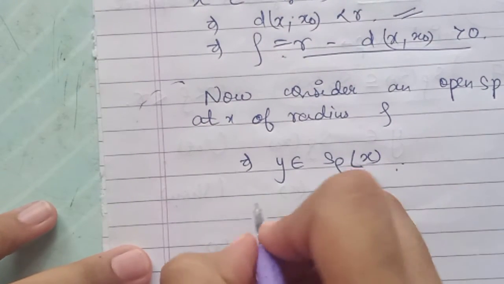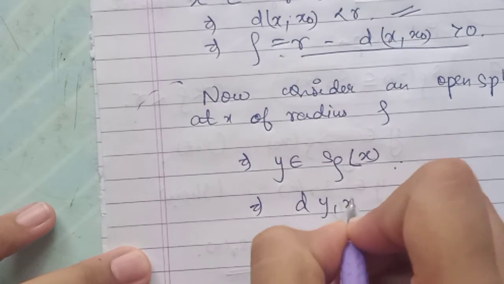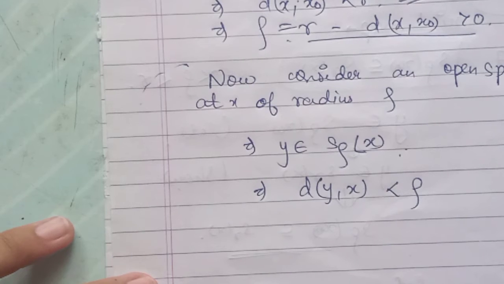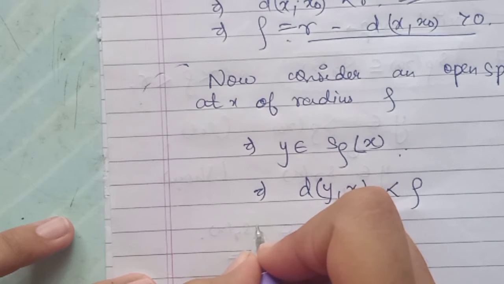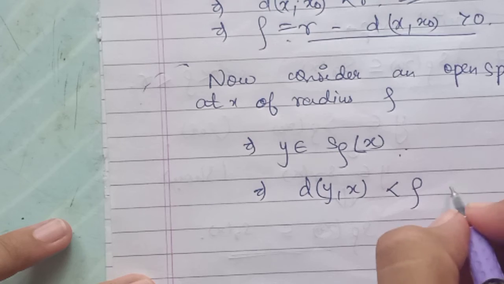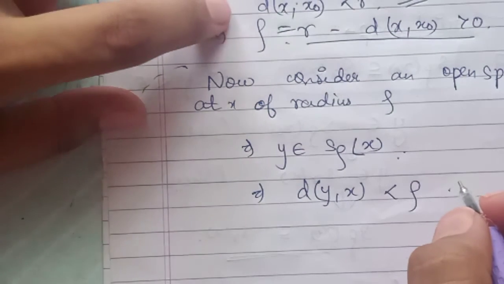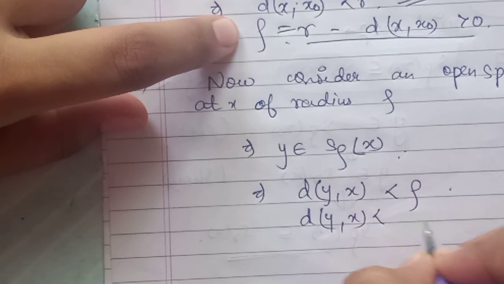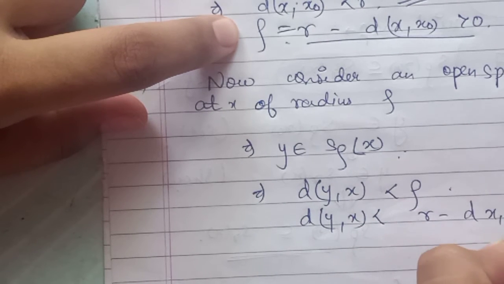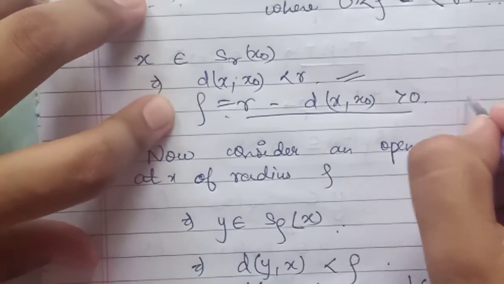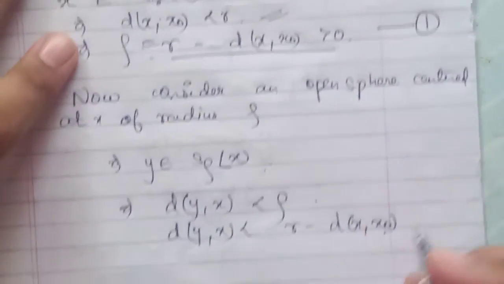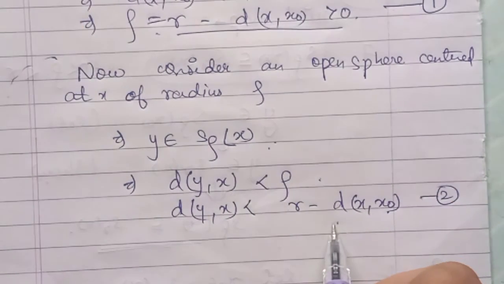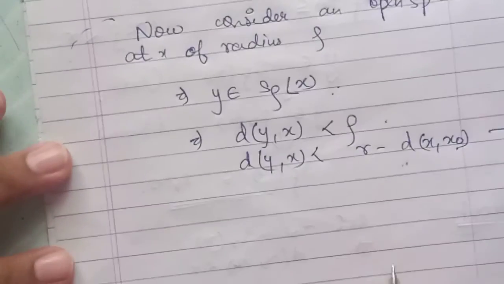Y is an element of S_rho(X), that implies the distance between Y and X is less than rho, right? But what is rho? From here we know that the distance between Y and X is less than R minus the distance between X and X0. Now suppose this is our first equation, this is our second equation, and we have substituted this value from equation number 1.